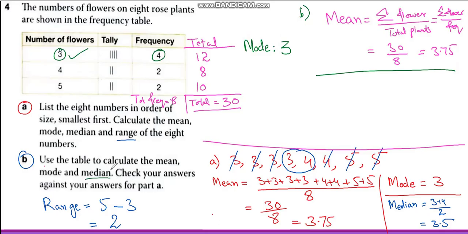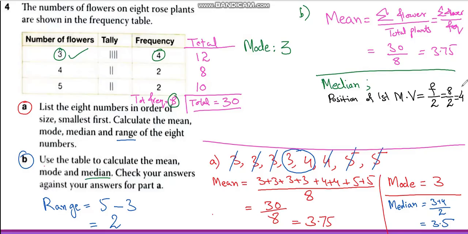And for the median, we want to check the position of the middle value. First of all, we need to understand that in case of even frequency, there will be 2 middle values. For the position of the middle value, we divide the frequency by 2, meaning 8 divided by 2 is 4.